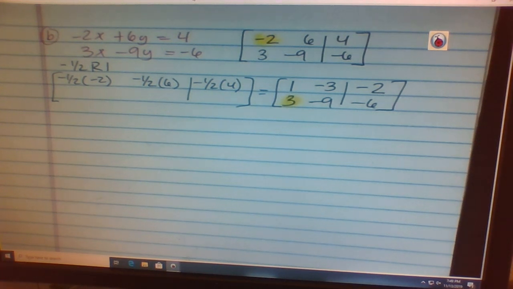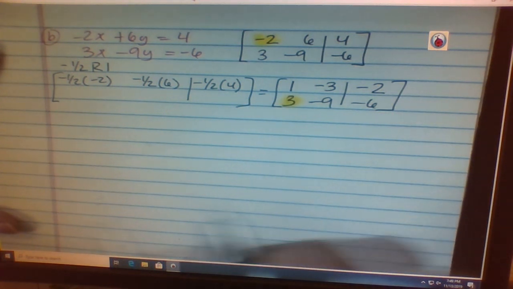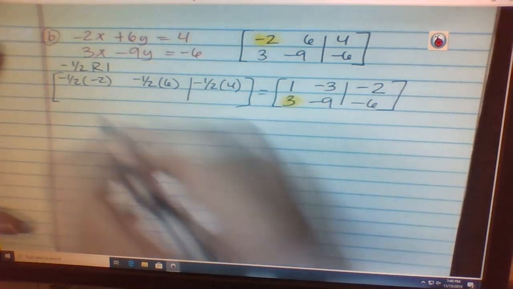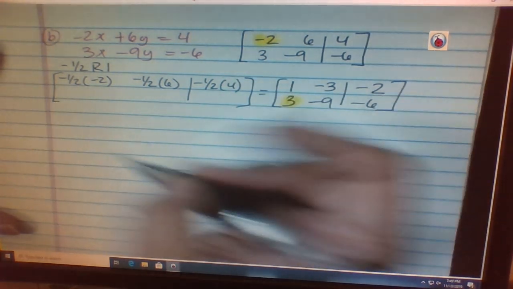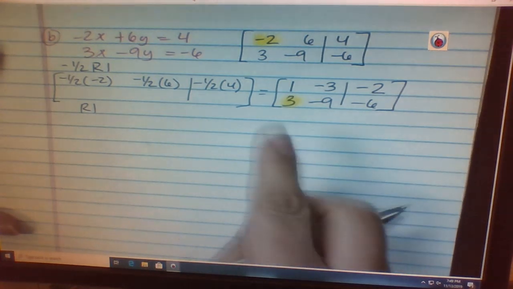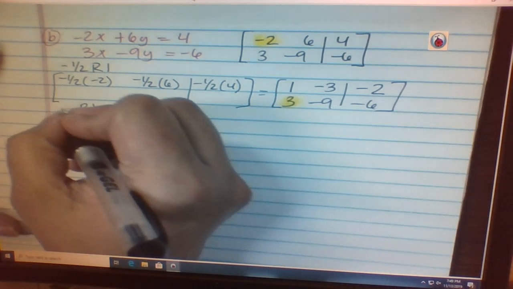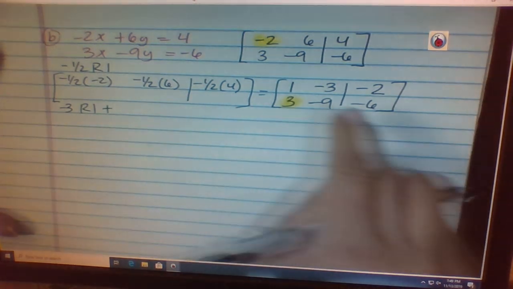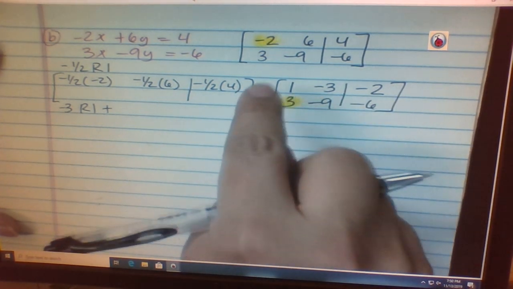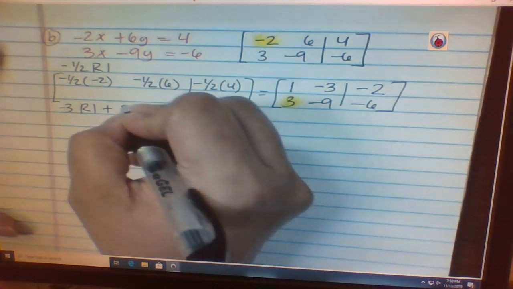Add that to the row you want to make a 0. My row that has a 1 is row 1. I want to make this a 0, so the opposite of this is a -3. And which row do you want to make the 0 in? The second row.